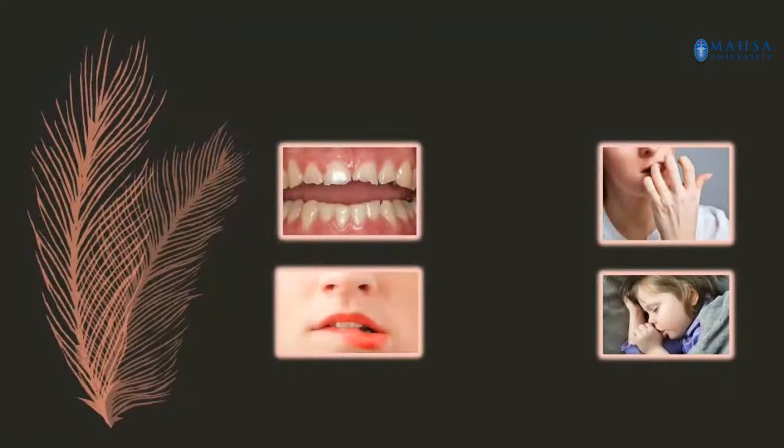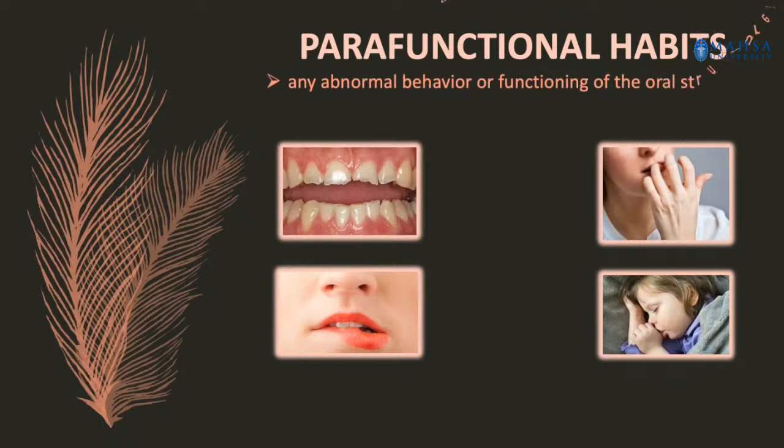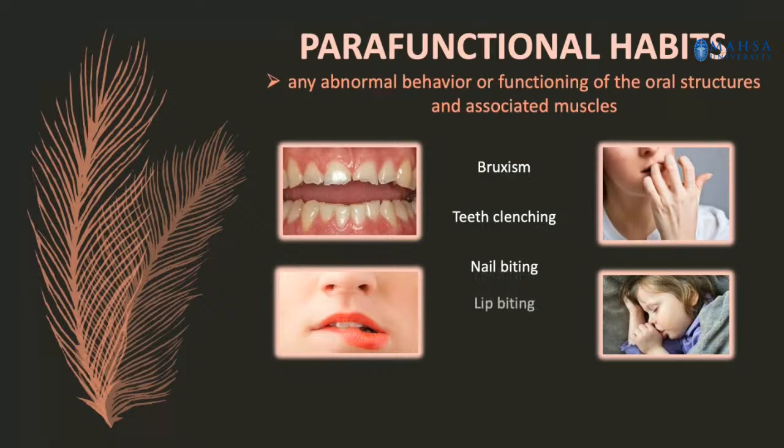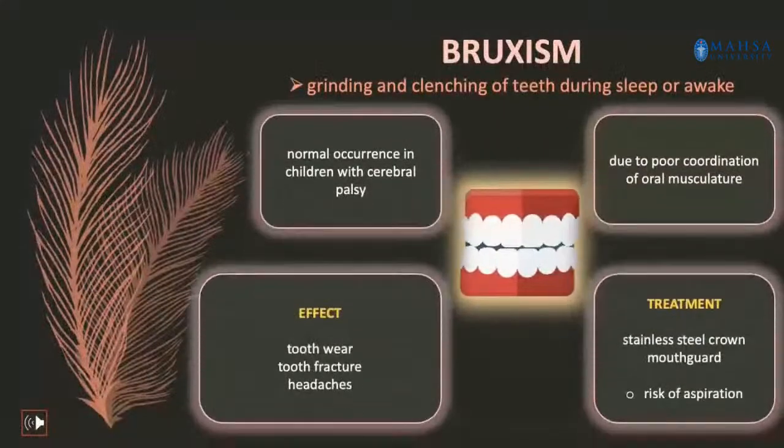Other oral problems faced by special needs children is parafunctional habits. It is any behavior or functioning of the oral structures and associated muscles. For example, bruxism, teeth clenching, nail biting, lip biting, object biting, and thumb sucking. Bruxism is the grinding and clenching of teeth during sleep or awake.